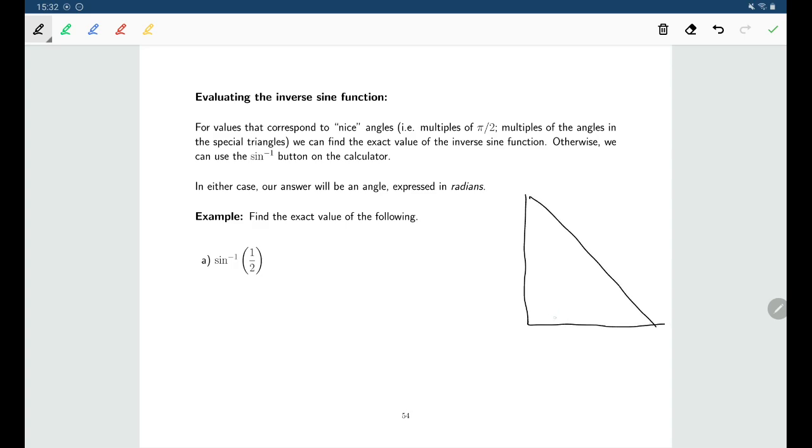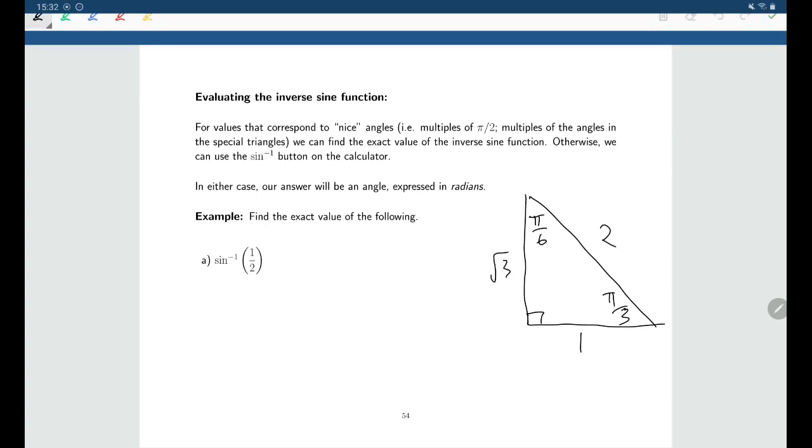So here, when I'm drawing my special triangles, I'm going to be writing my angles in radians, but I'll say them at least in degrees. So we could have 30 degrees, which is pi over 6 radians, or we could have 60 degrees, which is pi over 3 radians, and our side lengths would be 1, root 3, and 2.